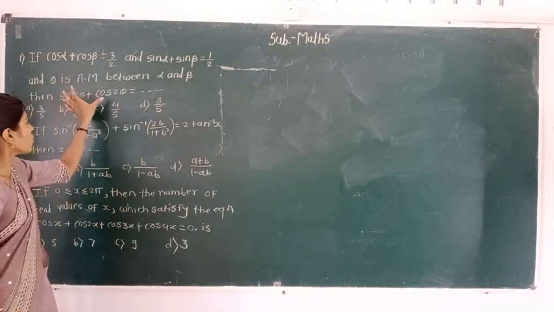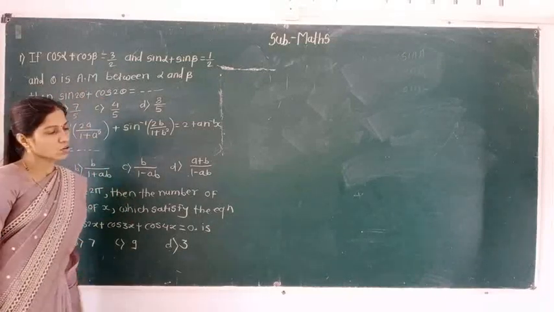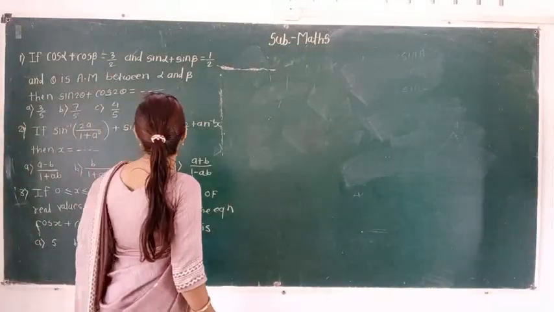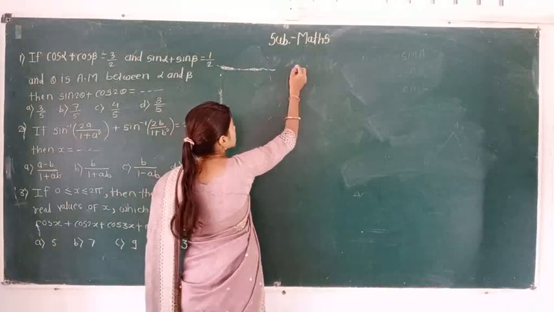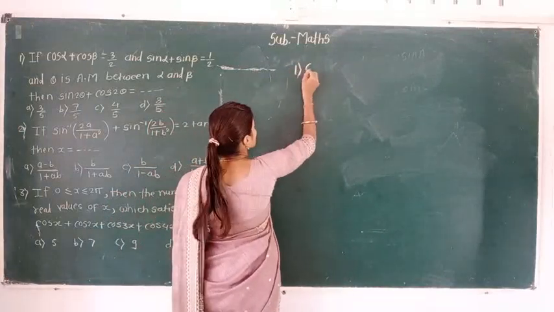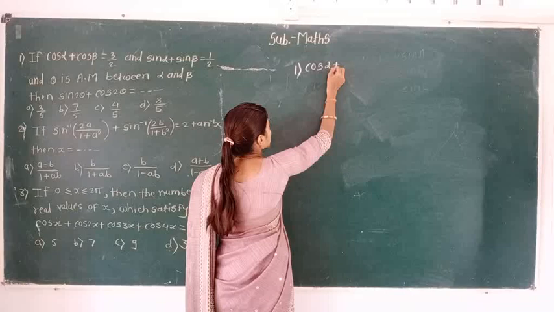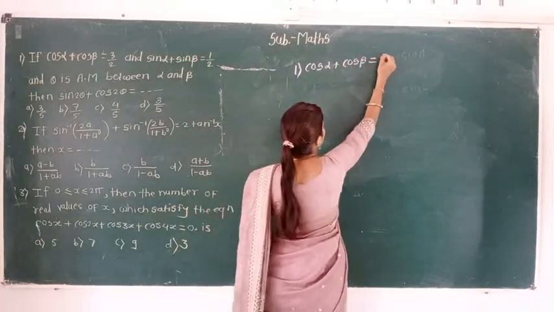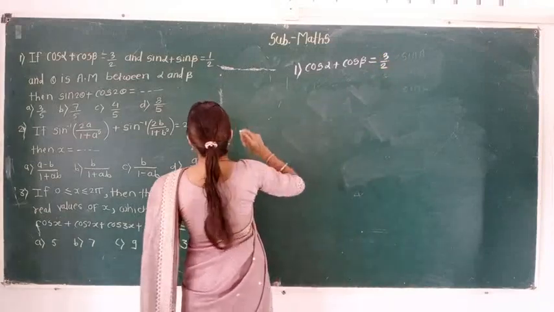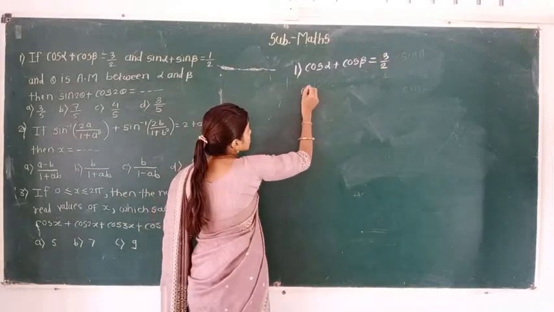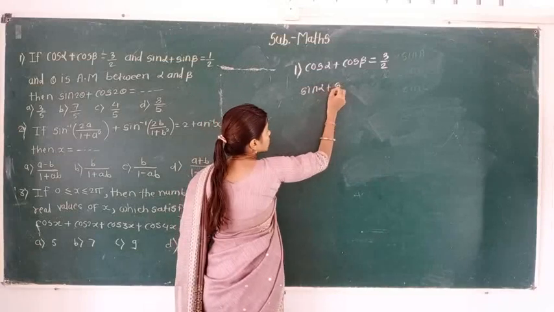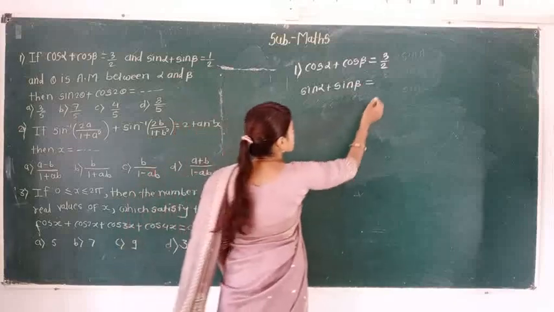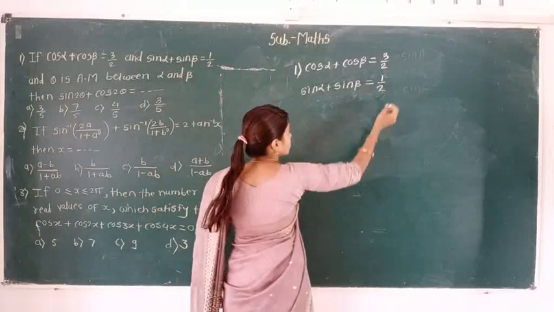For finding this value, we have to use the given information: cos alpha plus cos beta is equal to 3/2, and the second equation is sin alpha plus sin beta is equal to half.